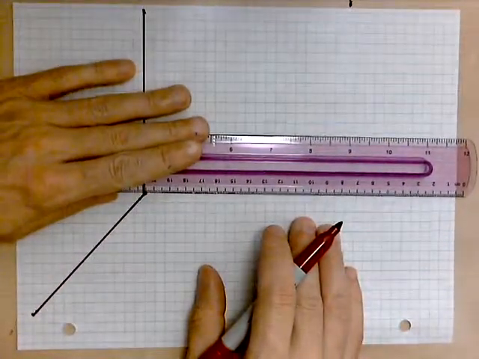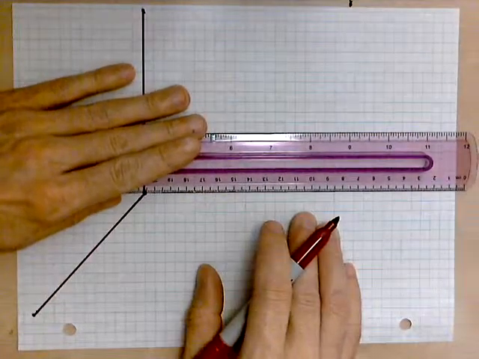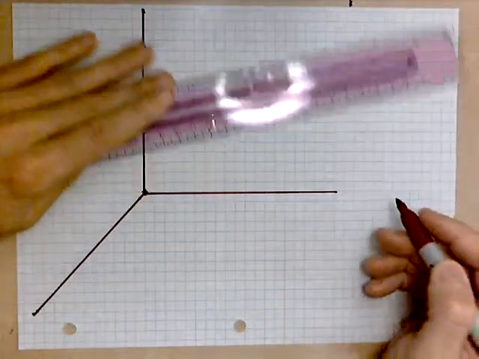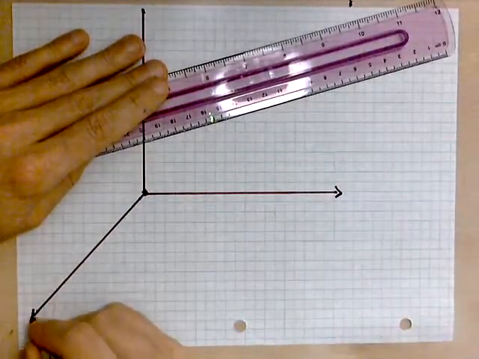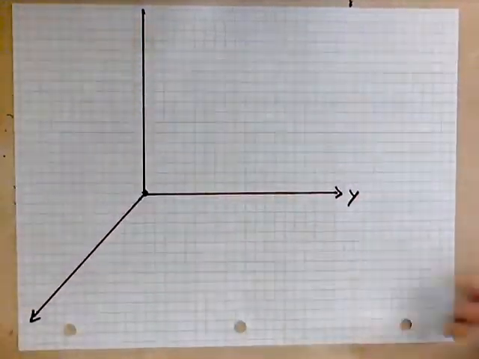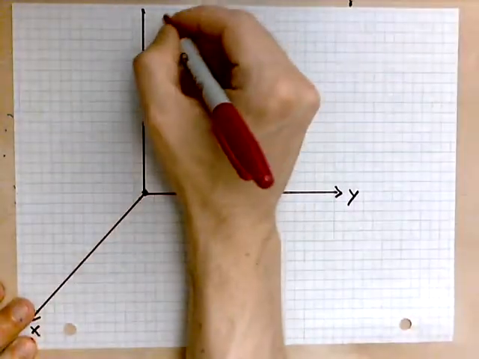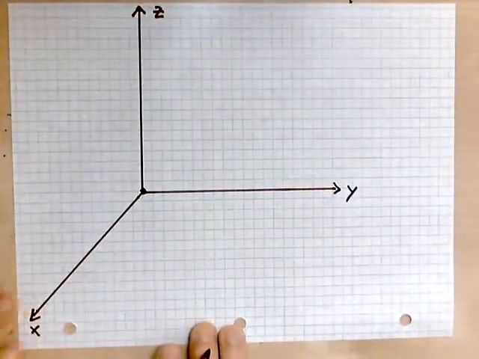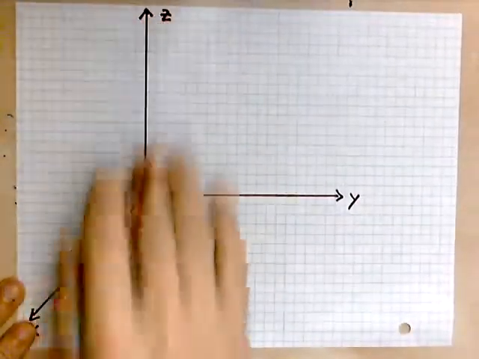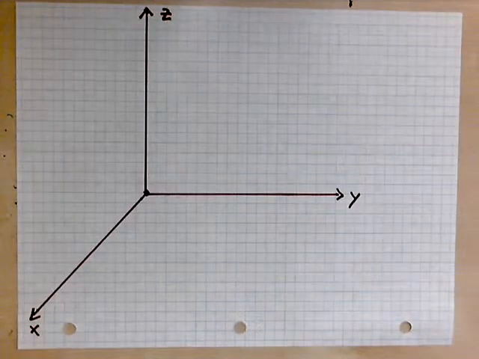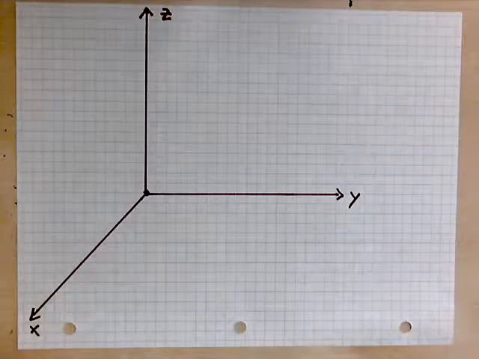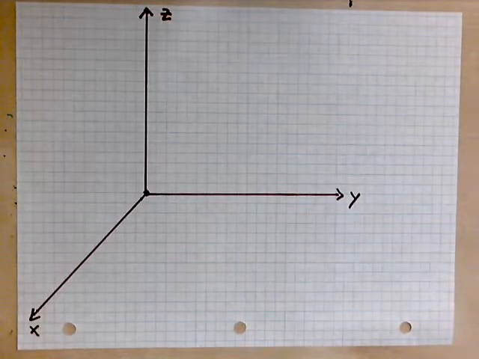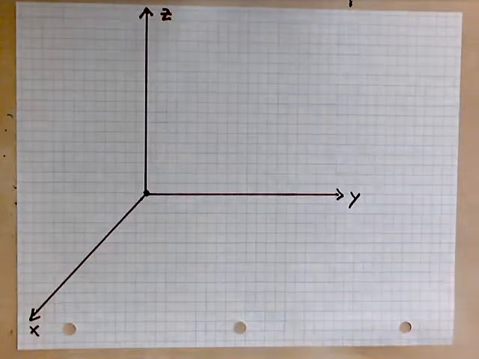And then the last one here is the y-axis. There we are. So x, y, and z. This is our 3D coordinate system, and we are going to get a distance formula. Well, how do we do it?